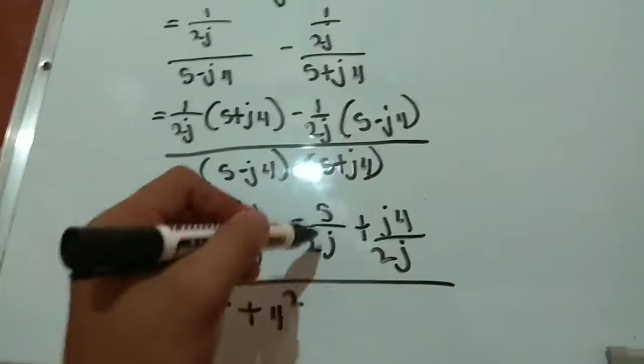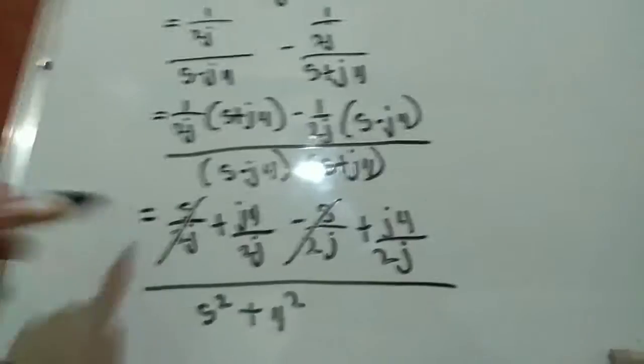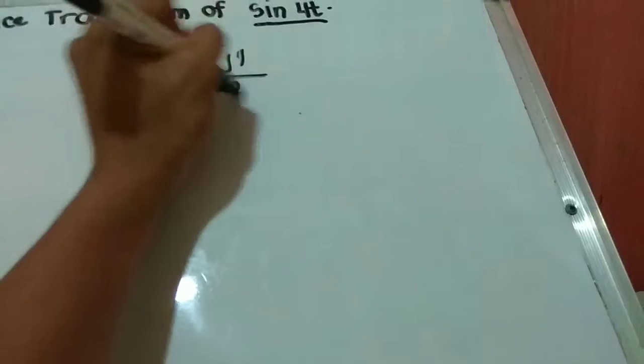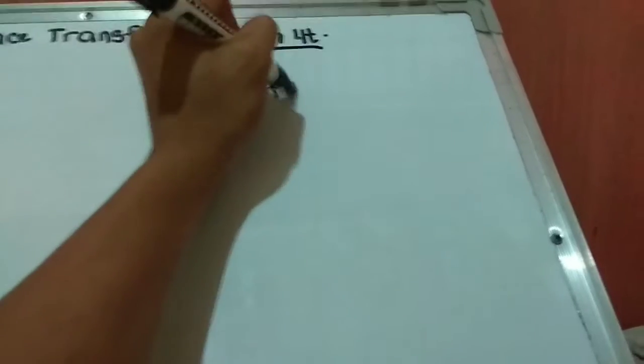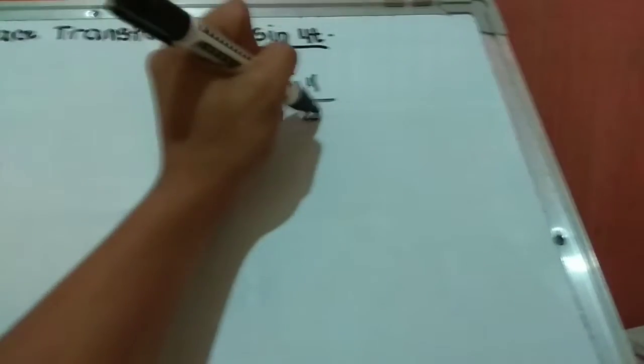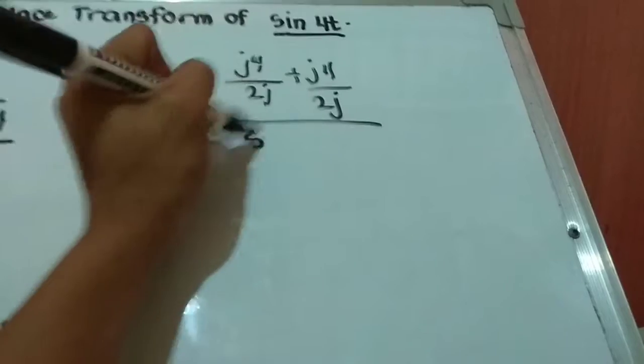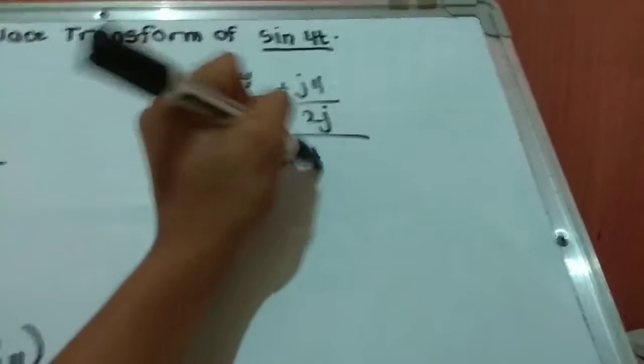We can cancel this, so the remaining values are j4 over 2j plus j4 over 2j, all over s squared plus 4 squared.